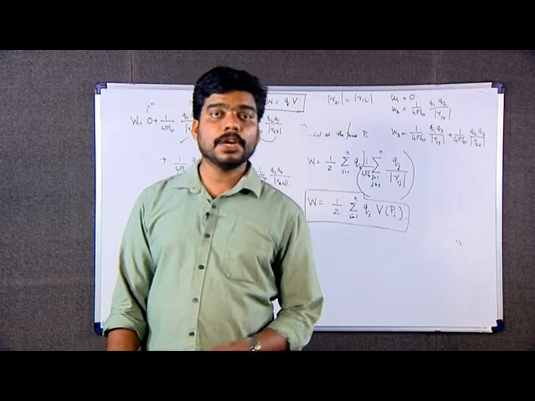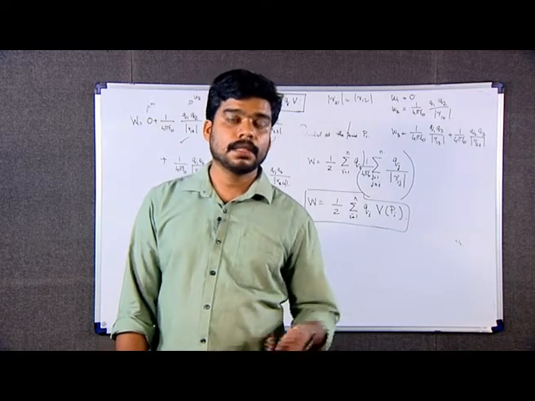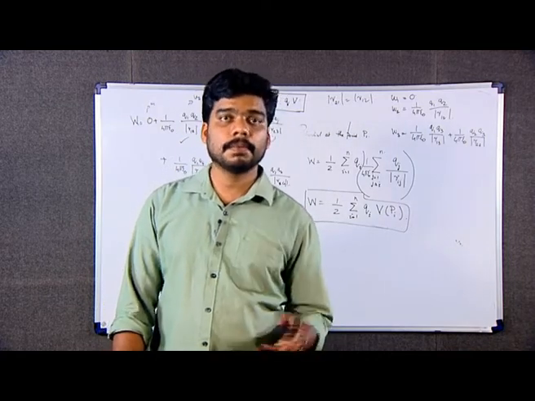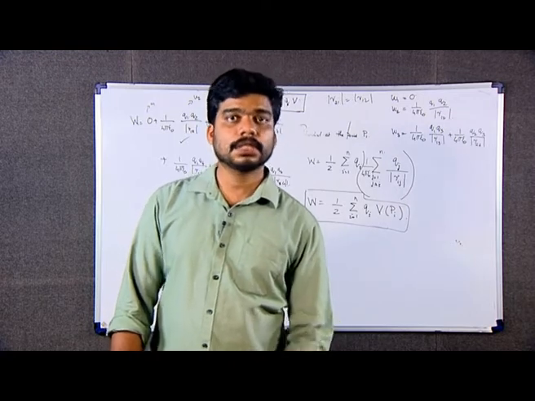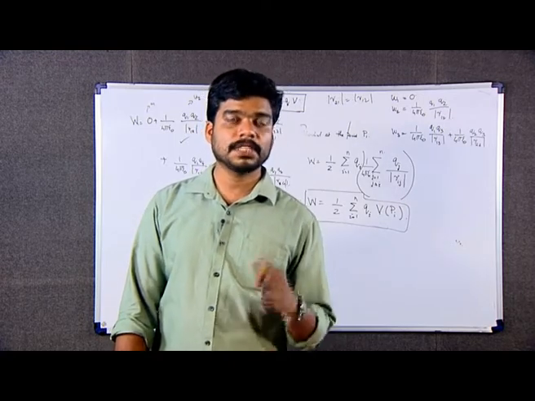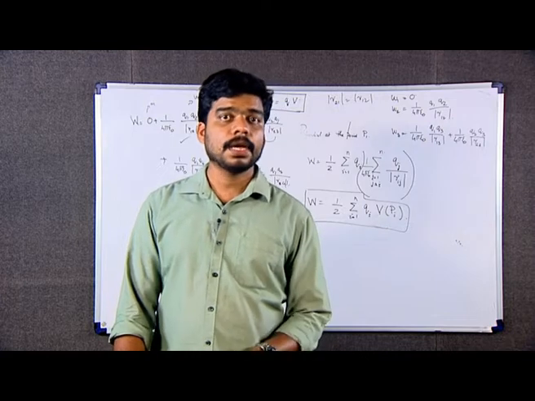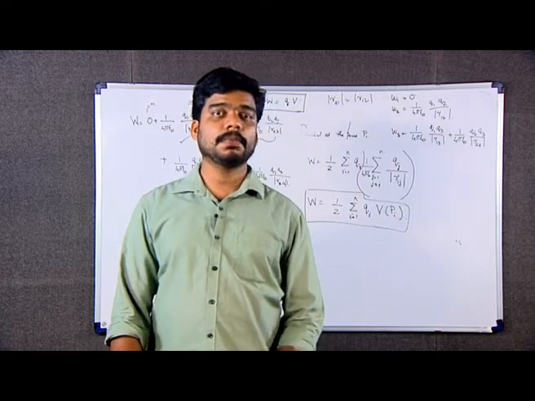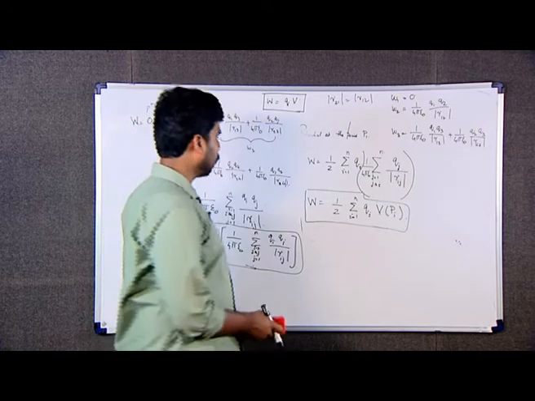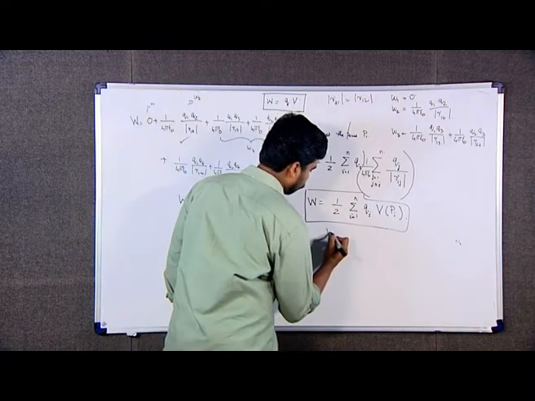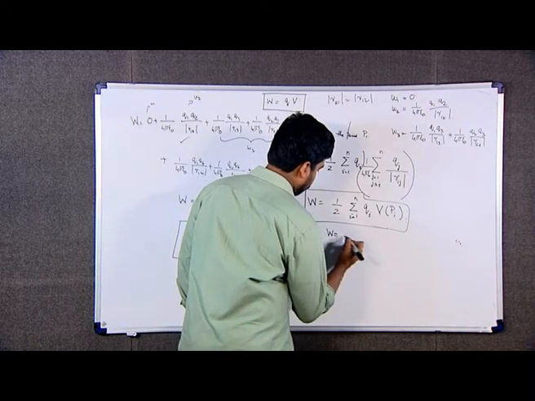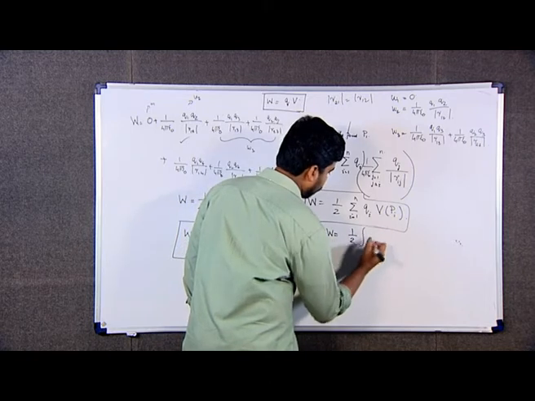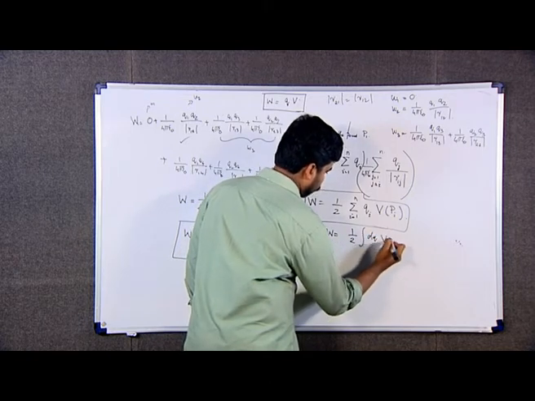If it is a continuous distribution, then everything becomes a continuous distribution of charges: the potential V_Pi will become V, and sigma q_i will become dq. So, we can write W for the continuous charge distribution as half into integral dq into V.